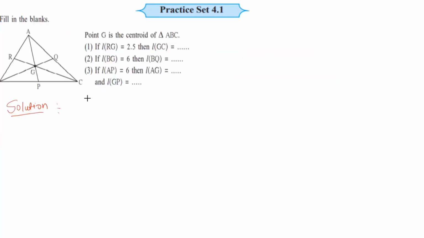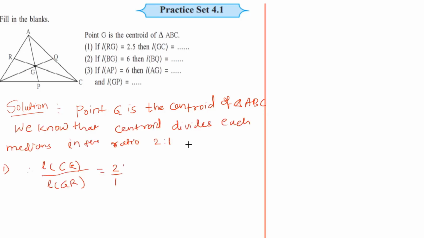Let us start. We are given that point G is the centroid of triangle ABC. We know that the centroid divides each median in the ratio 2:1. Therefore, length CG upon length GR is equal to 2 upon 1. Here RG is equal to 2.5.